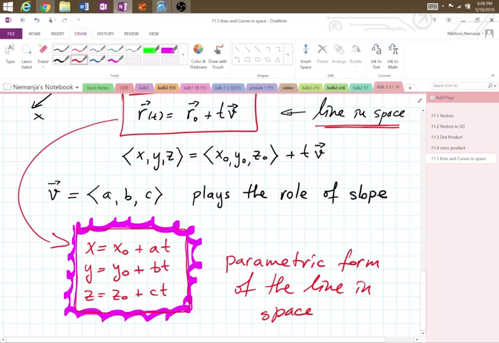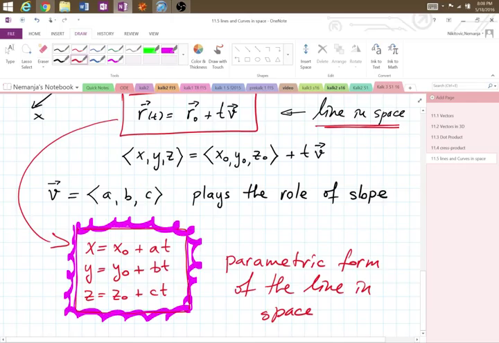Parametric form of the line in space. The two equations are the same, except the one on top is in compressed form and the one on the bottom is in exploded form. You don't have y equals mx plus b now.